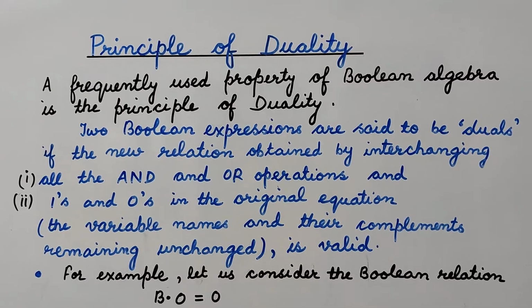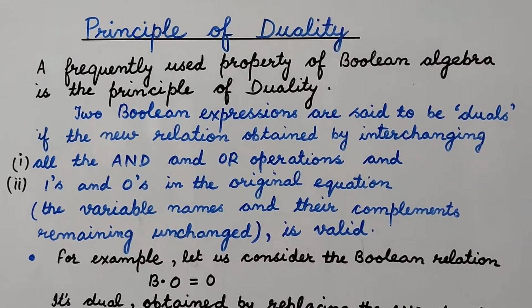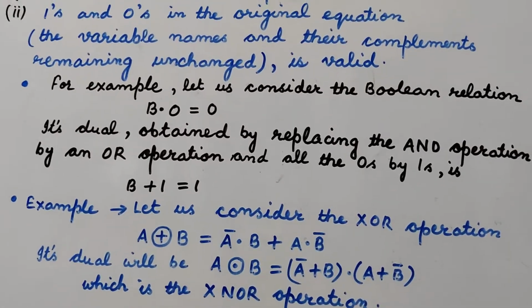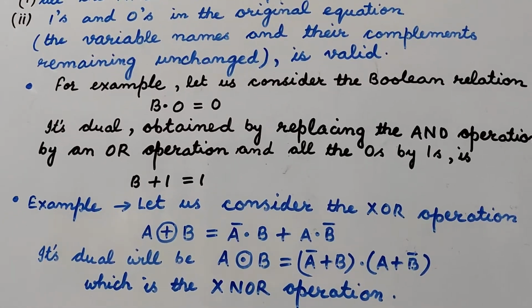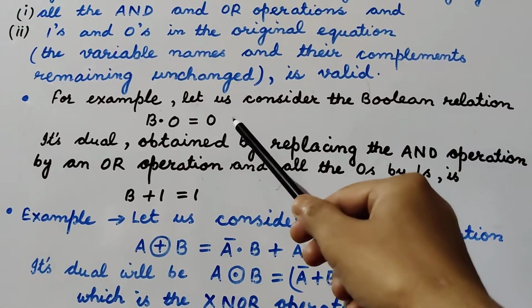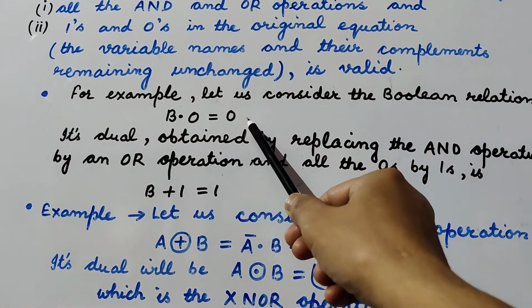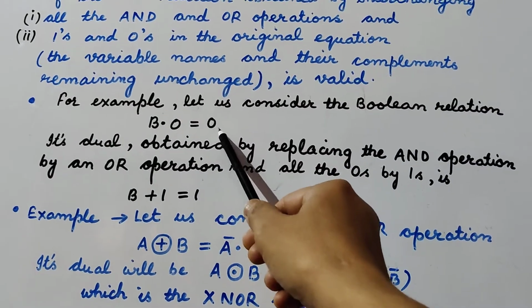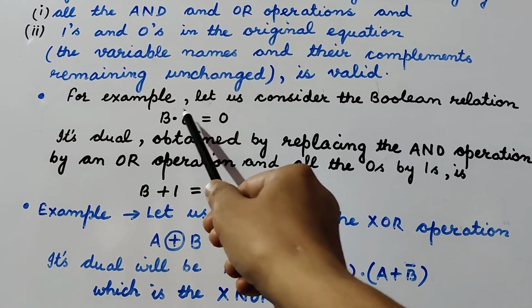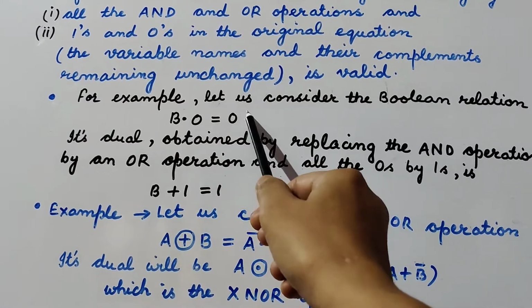Let us understand this with the help of an example. Let us consider the relation B dot 0 is equal to 0, and we have to find the dual of this equation. So we will interchange this AND operation with an OR operation, and we will interchange this 0 by 1.